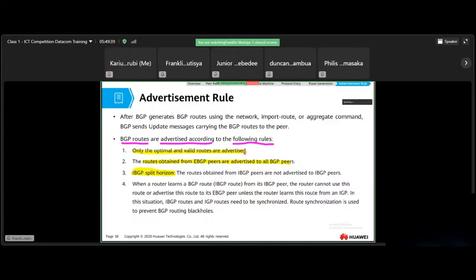The other thing is that the routes obtained from eBGP, external BGP peers, are advertised to all BGP peers.